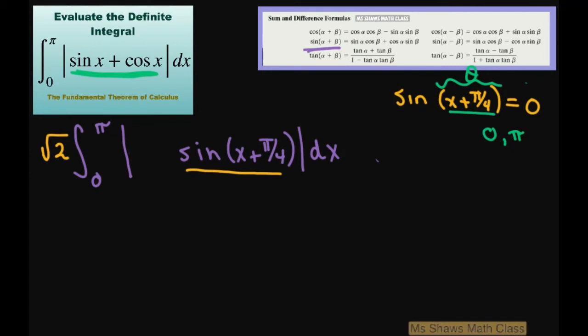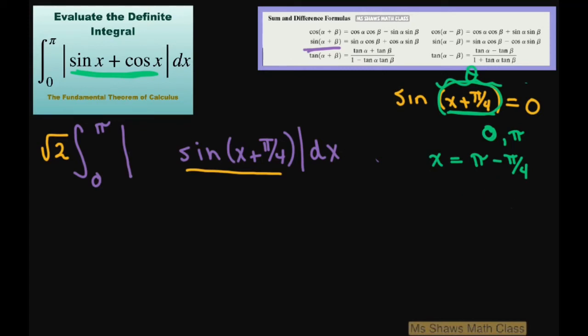But our angle here is x plus pi divided by 4. So we just use x equals pi minus pi divided by 4, we don't need the 0 because we already have it. That's going to give you x is 3 pi divided by 4. So we have to consider that.